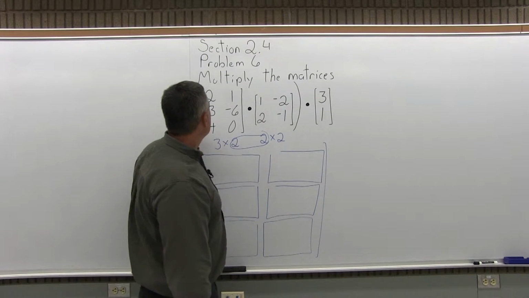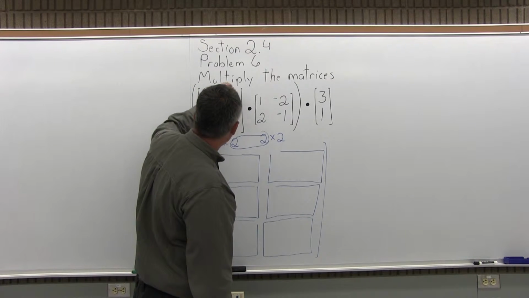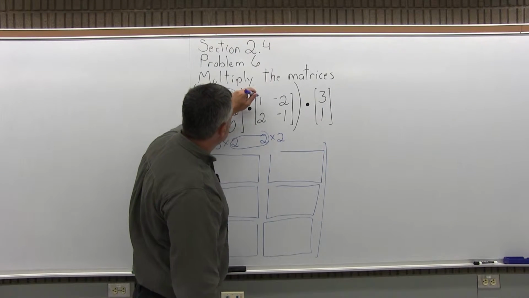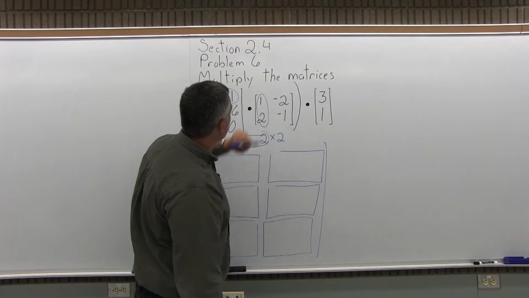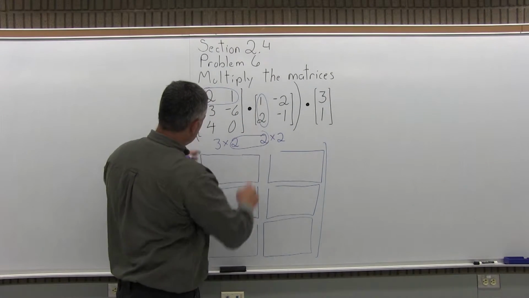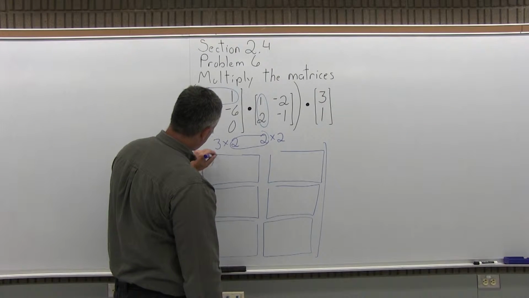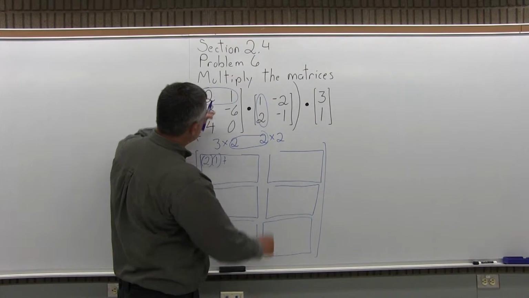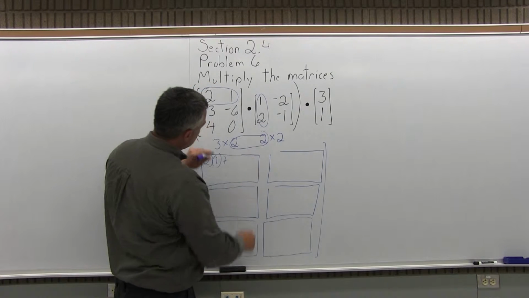So I'm going to start by multiplying the top row of the first matrix, 2, 1, times the first column of the second matrix, 1, 2. So first times first is 2 times 1, plus second times second, 1 times 2.